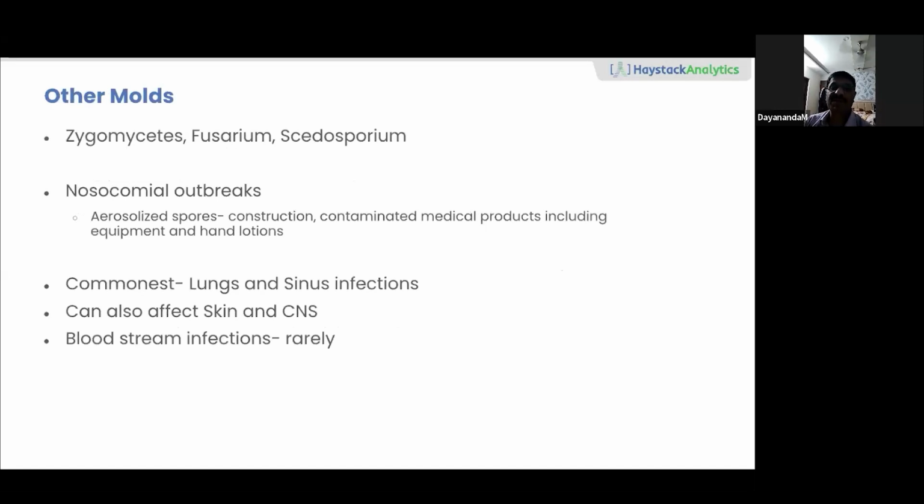These commonly cause nosocomial outbreaks, basically from aerosolized spores, like from construction contaminants and contaminated medical products like equipment and even hand lotions or sanitizers. The commonest routes of infection are the lungs and sinuses. It can also affect the skin and CNS. Bloodstream infections rarely occur.